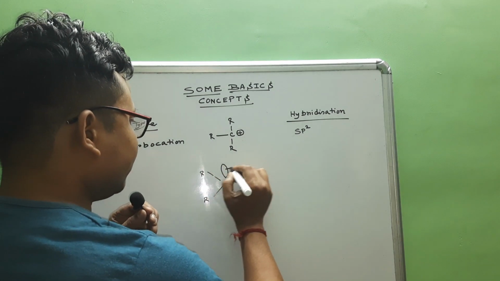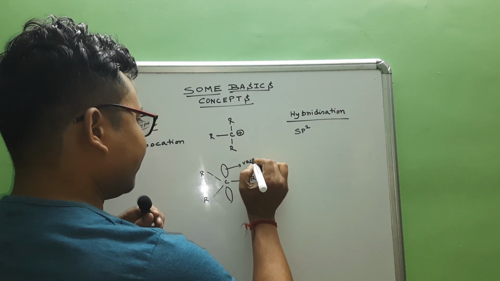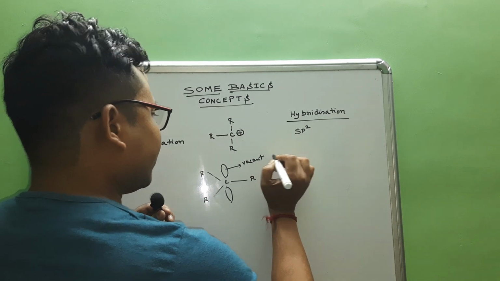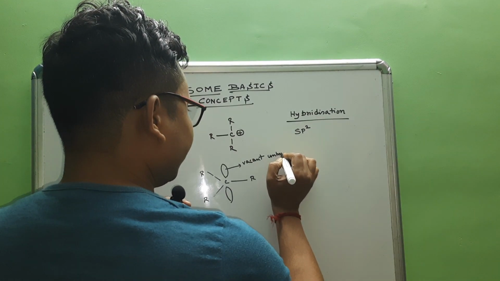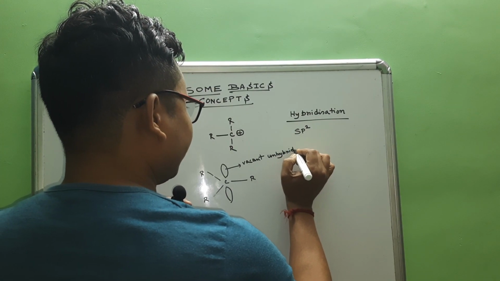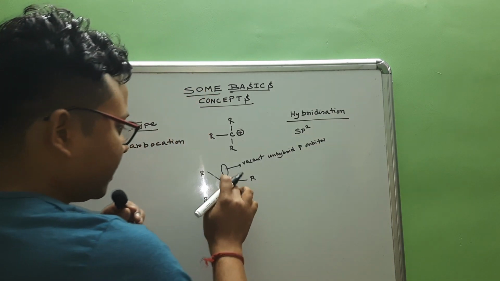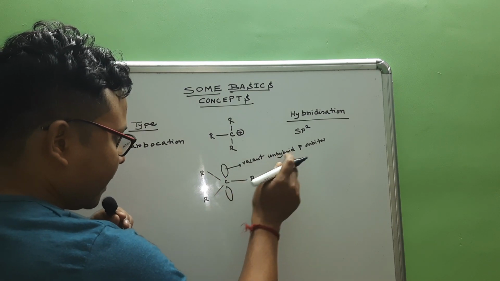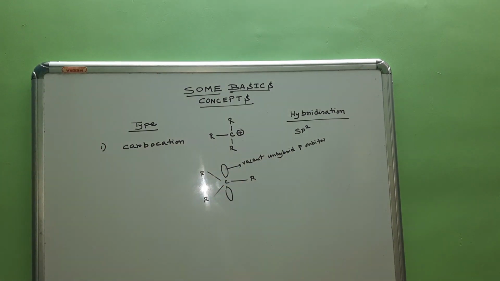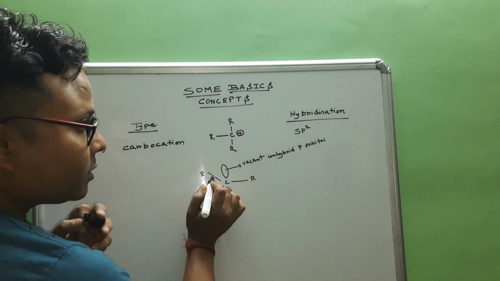This is the vacant unhybridized p orbital, and there are the two lobes of the vacant unhybridized p orbital. And what are the bond angles?